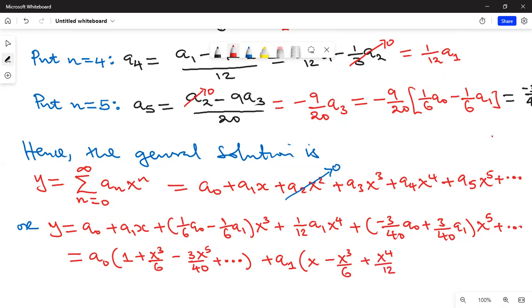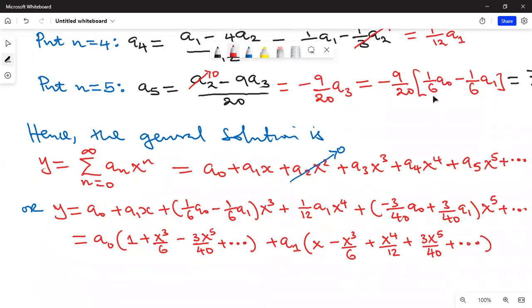And I can see another one with a1 is 3 over 40, so 3x raised to 5 over 40. Remember, there are so many other terms, so I can just write plus so many other terms. And so this is our solution.